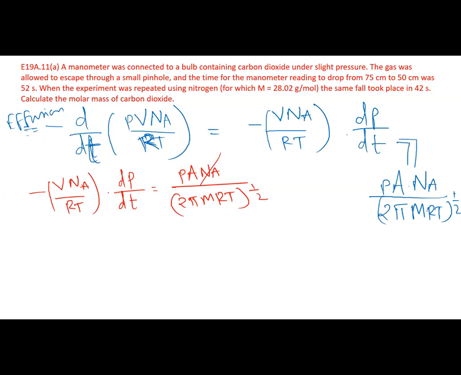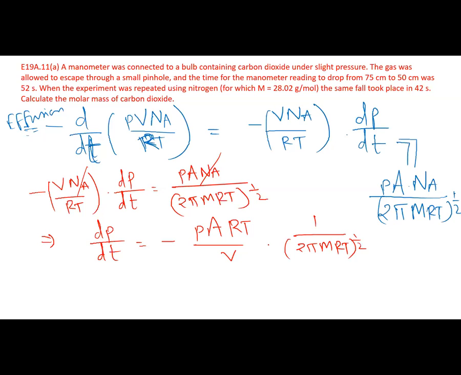So this NA gets cancelled on both sides of the equation, and I want only dP over dt on the left hand side so that I can take the rest to the right hand side. So it becomes minus P A RT over V times 1 over 2 pi m RT power half.